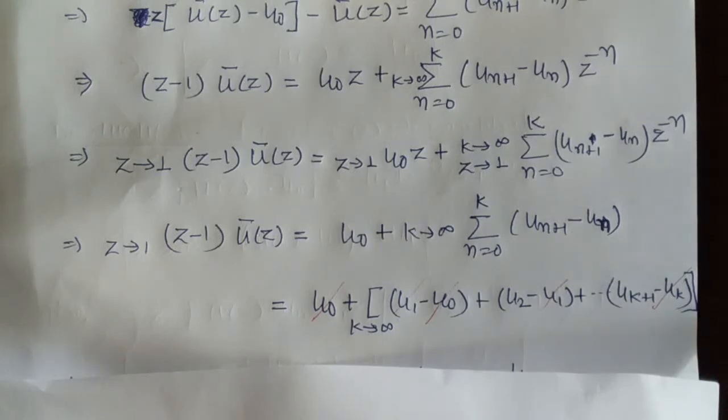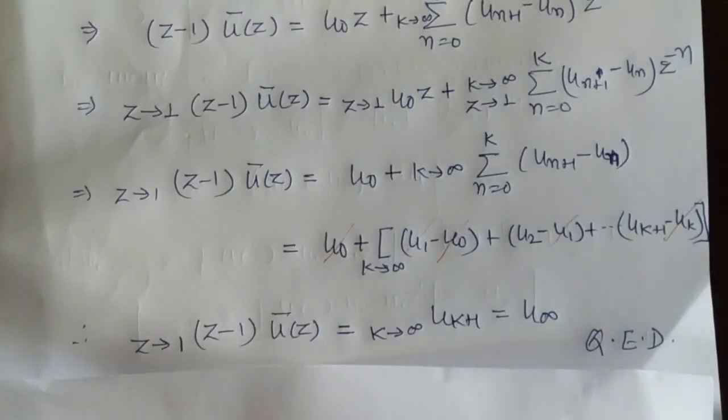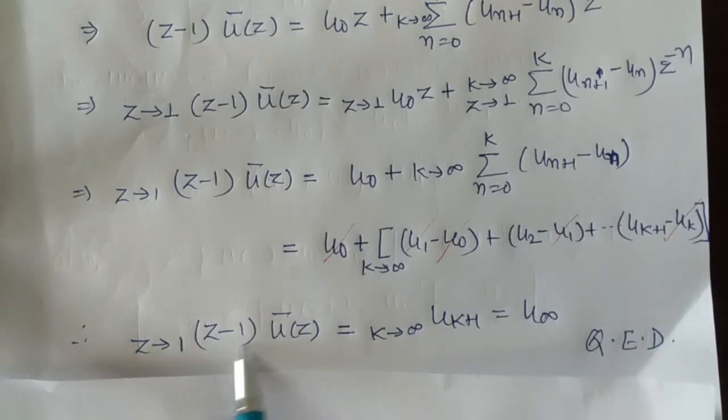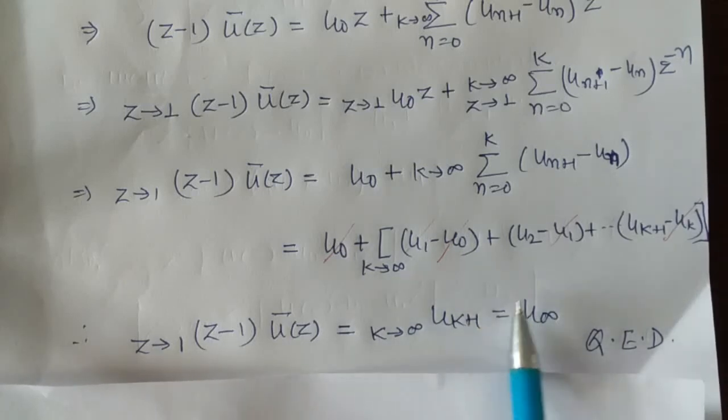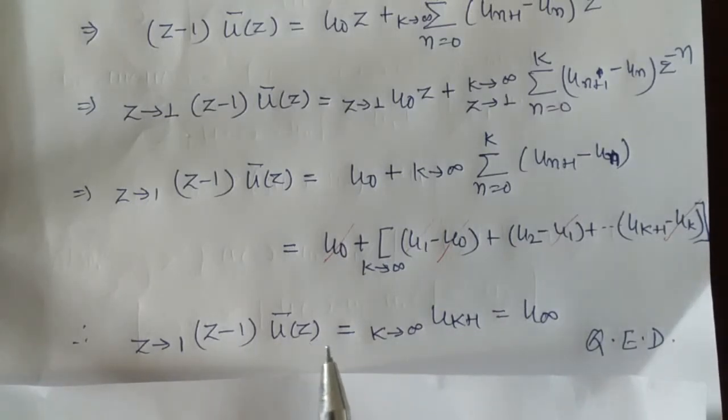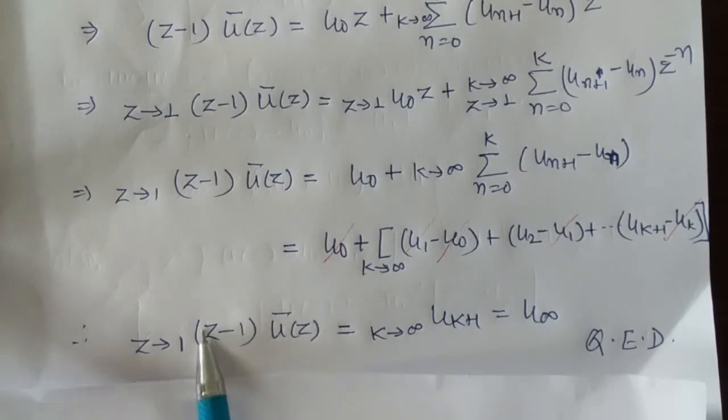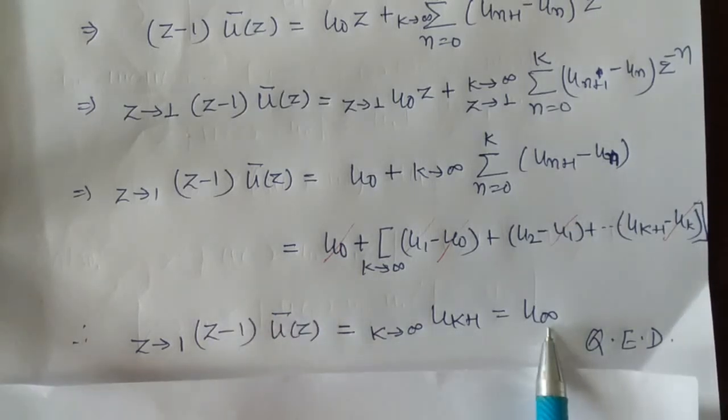So we get the limit as z tends to 1 of z minus 1 u bar z is equal to the limit as k tends to infinity of uk plus 1, and the limit as k tends to infinity of uk plus 1 gives u infinity. So this is the final value theorem: if the z transform of a sequence un is u bar z, then the limit as z tends to 1 of z minus 1 into u bar z gives u infinity.